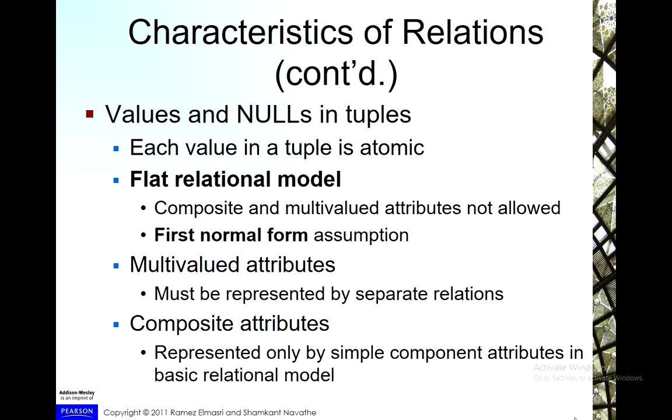Multi-valued attributes sometimes create a problem in the database when storing them, separated by commas or by anything. So a composite attribute is represented only by simple component attributes in the basic relational model, and it could, as I said, be divided further into more than one attribute.